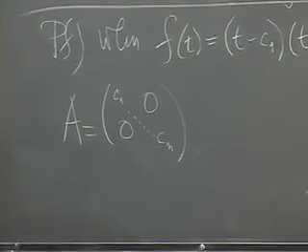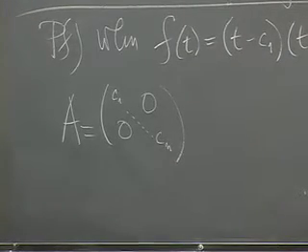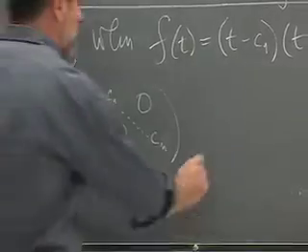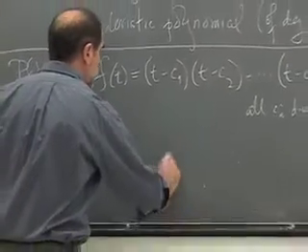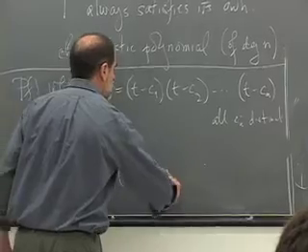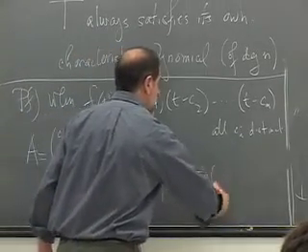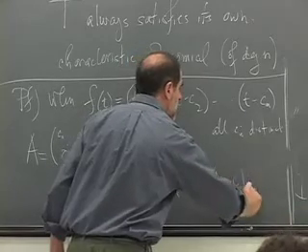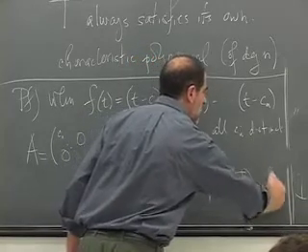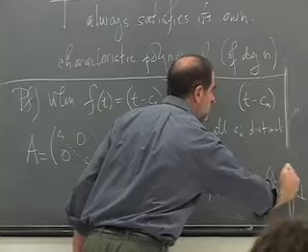Now consider what happens when you put this matrix into this characteristic polynomial. Then f of t is the same as calculating the matrix f of A, which looks like A minus c1 times the identity times A minus c2 times the identity, right? Through A minus cn times the identity.